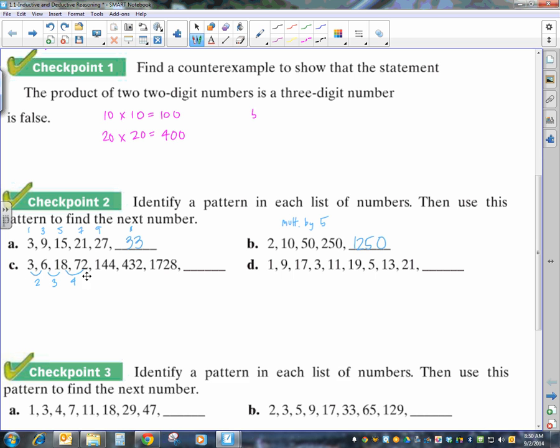You might have to get your calculator and see that. Is that 72 times 5? That's not 72 times 5, but it is 72 times 2, and then 144 times 3, and then 432 times 4. So what's going to be the next one? Yep, it's going to be 1728 times 2, which is going to give us 3,456.